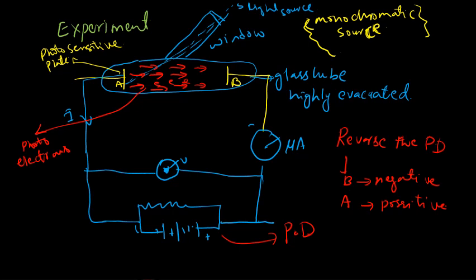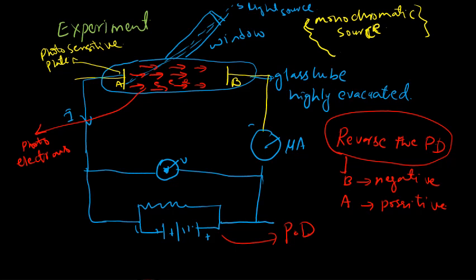When we reverse the potential difference of the battery, it reverses the potential on A and B, that is, B becomes negative and A becomes positive. Now the photoelectrons are repelled back towards A by the retarding potential difference, and as a consequence the photocurrent in the circuit is reduced. So the photocurrent is reduced when we reverse the battery voltage.